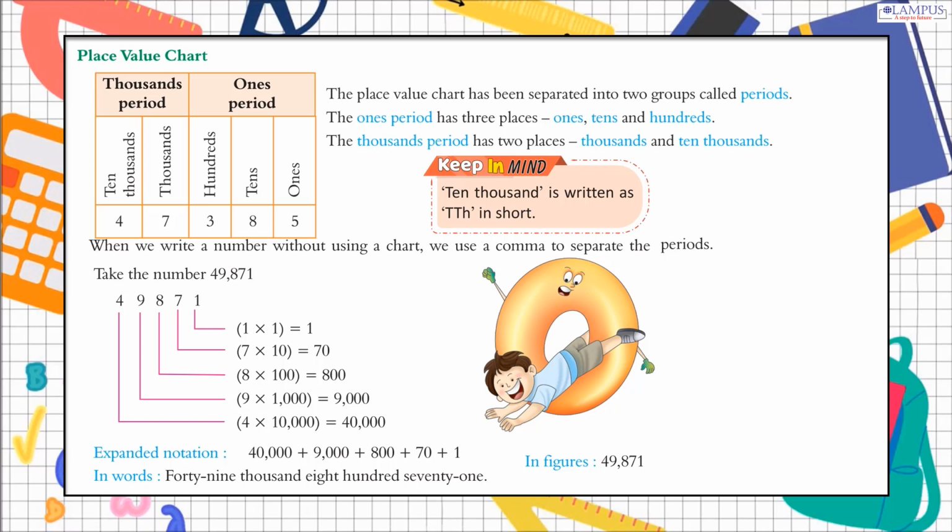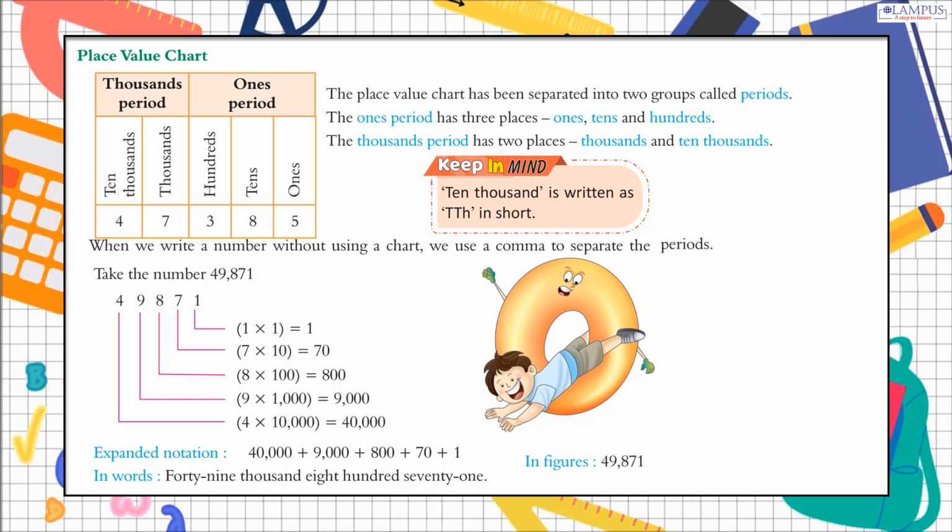Take the number 4, 9, 8, 7, 1. 1. 1 times 1 equals 1. 7. 7 times 10 equals 70. 8. 8 times 100 equals 800. 9. 9 times 1000 equals 9000. 4. 4 times 10,000 equals 40,000.